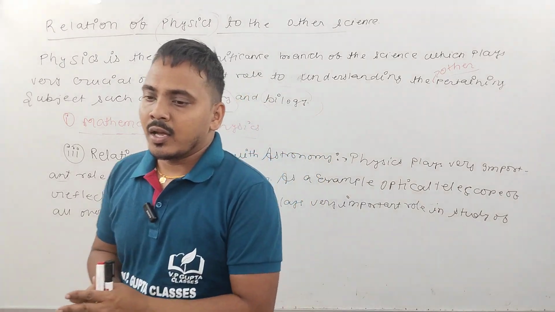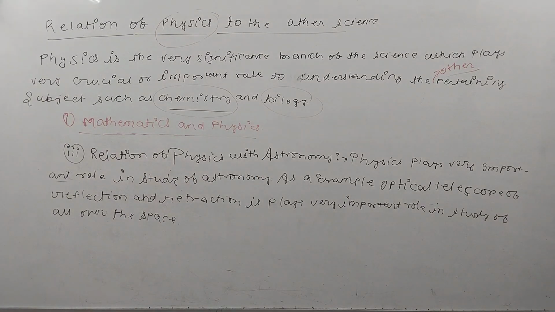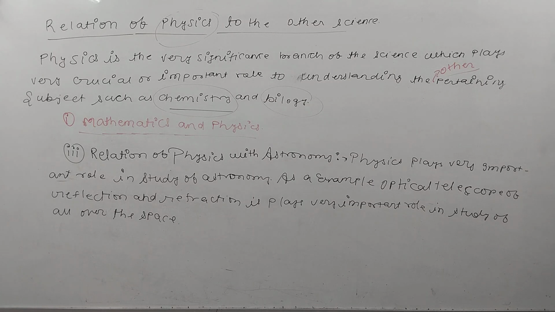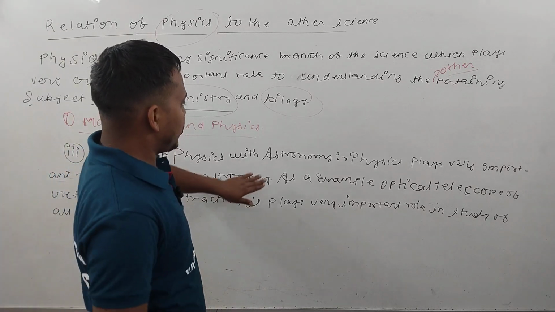So we can say, if we use a radio telescope, then you can say the discovery in astronomy is very easy, like the discovery of radioactivity, radio or radio telescope.